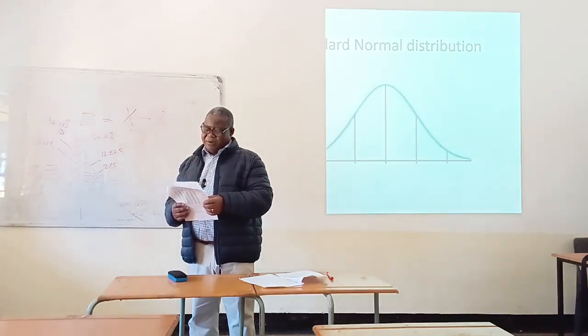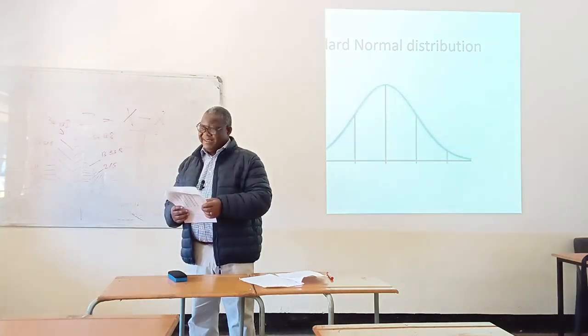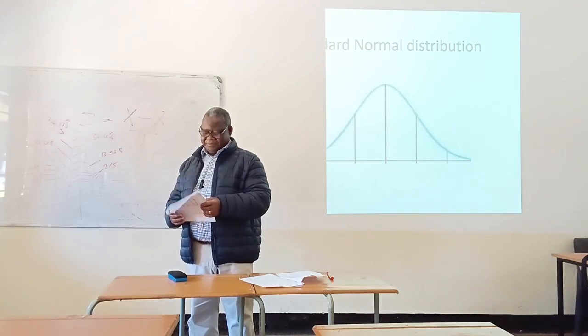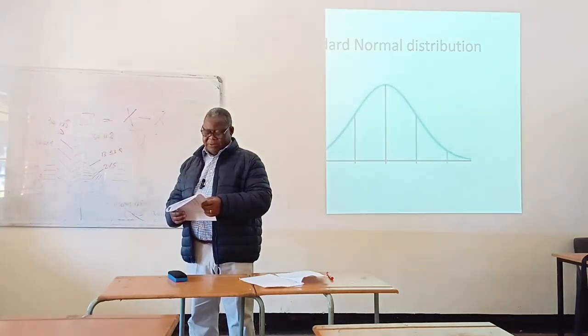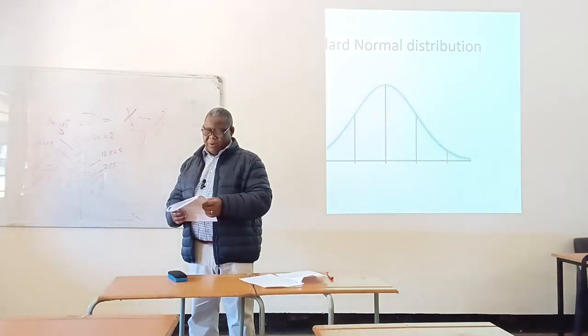And then the second column next to that, which says area between the mean and the Z. You're seeing that? It shows 0.3413.